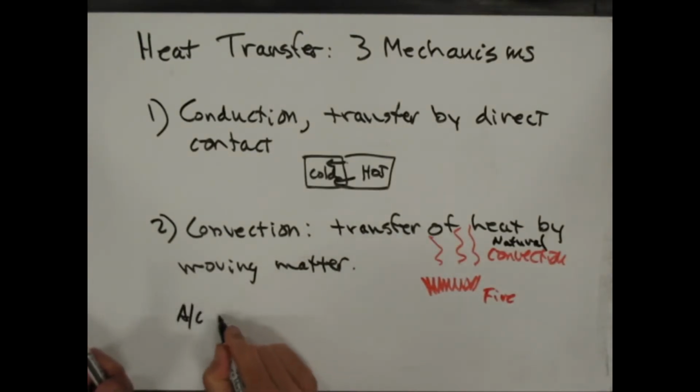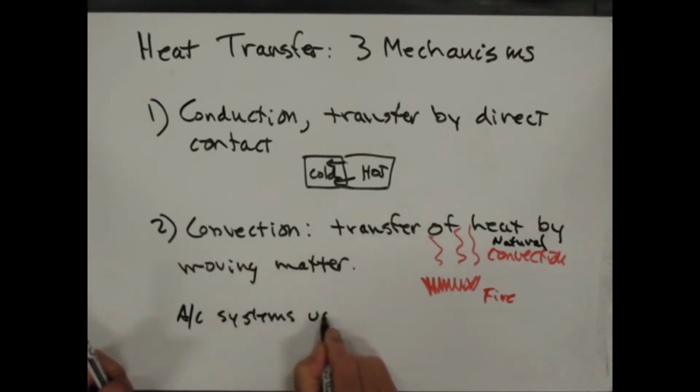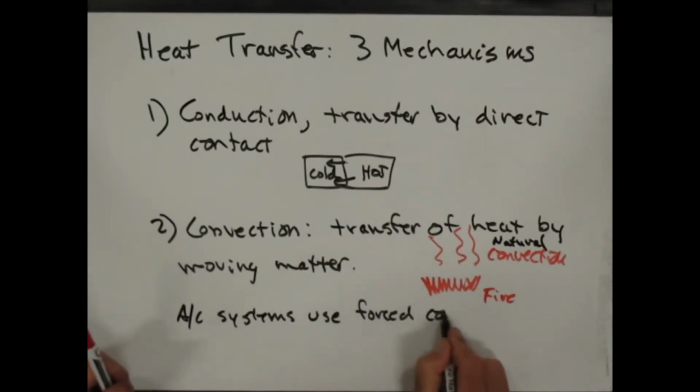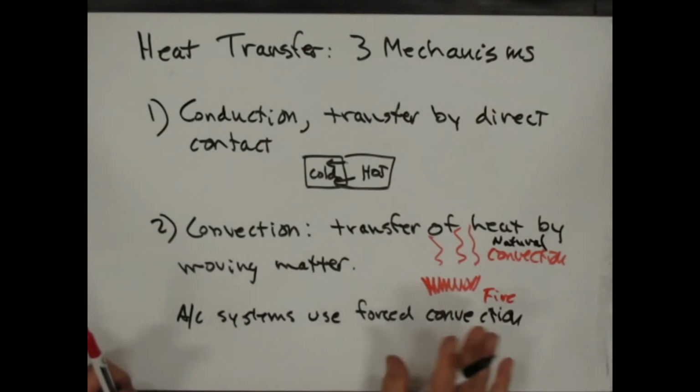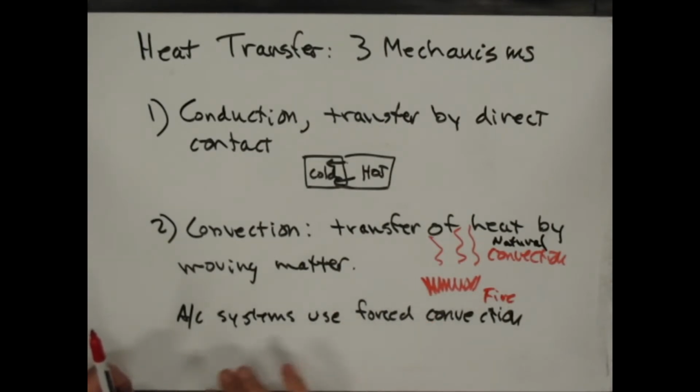Air conditioning systems use forced convection. That is to say, warm air or cold air, depending on whether it's summer or winter, is pushed through the duct system in your home, and in July, cool air is pushed into your house.